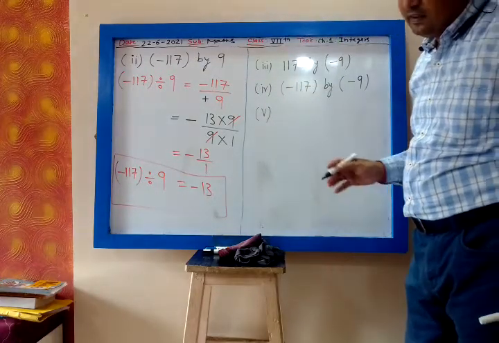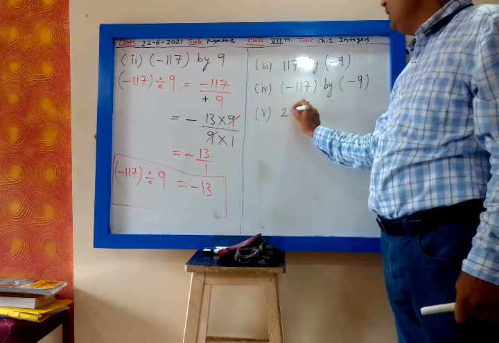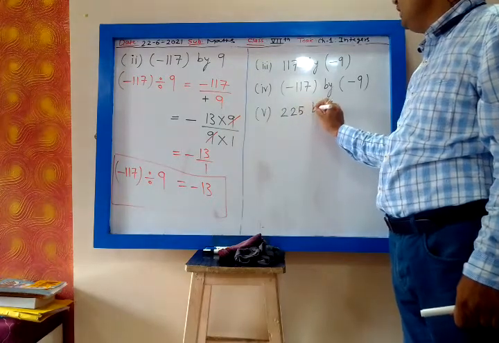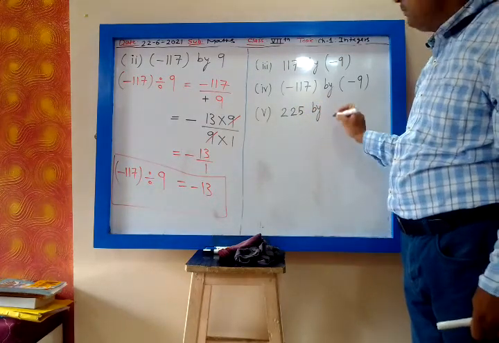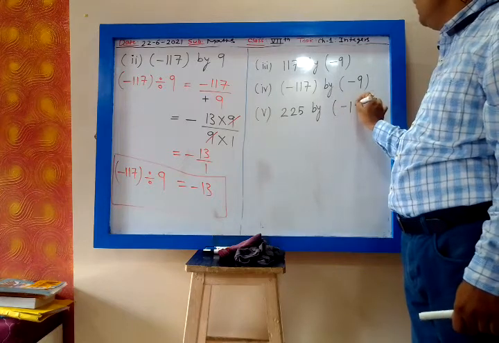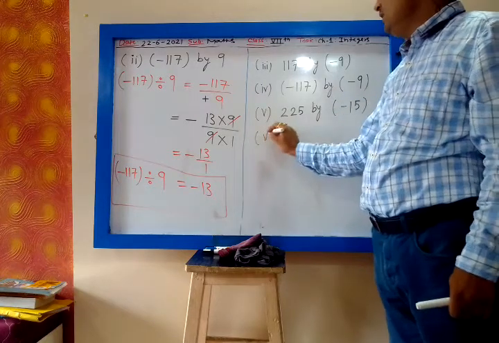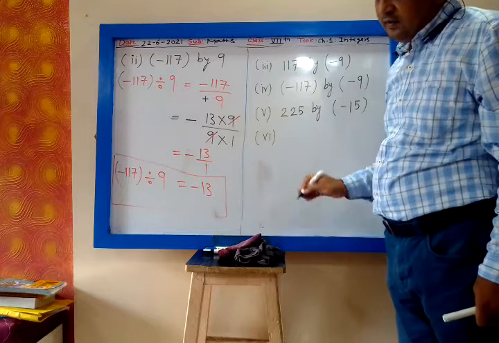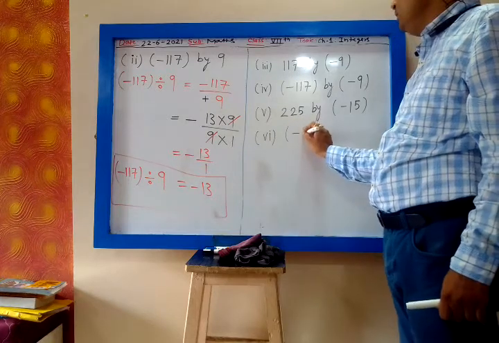The rest is division. Now fifth is 225, divide 225 by minus 15. No problem. Then sixth, divide minus 552.